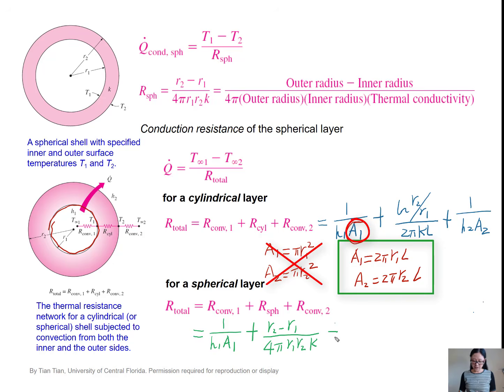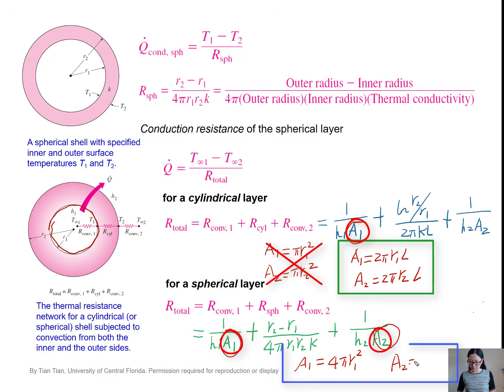The second convection resistance is 1 over h2 A2. So what is A1? What is A2? Remember, it should be the area of the surface which is exposed to convection. So A1 is 4 pi r1 squared. A2 is 4 pi r2 squared.